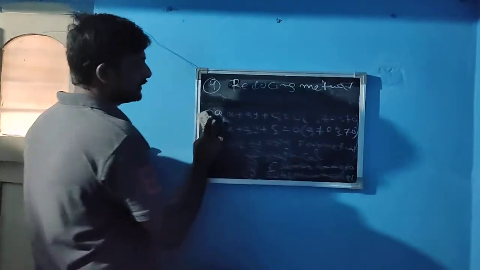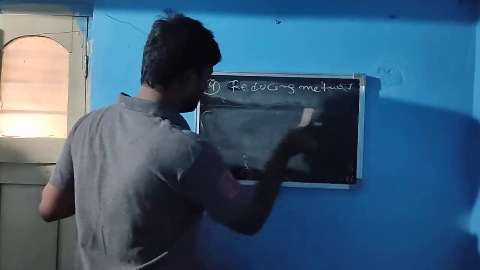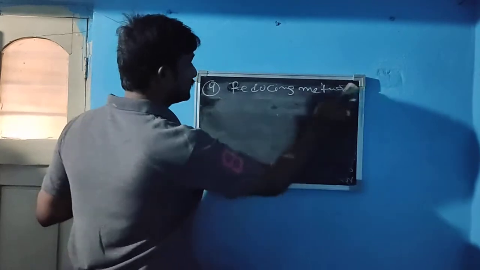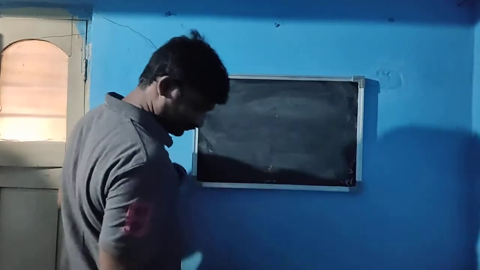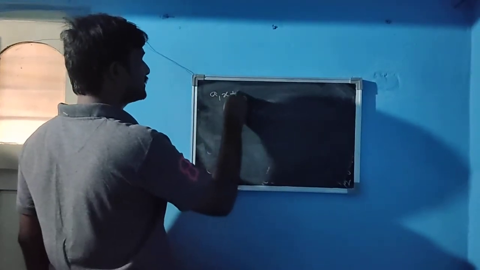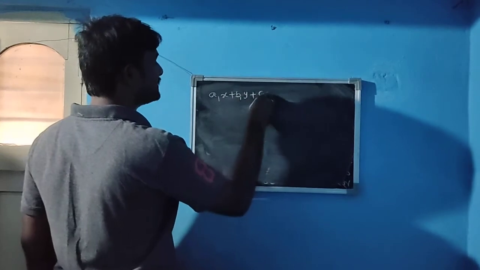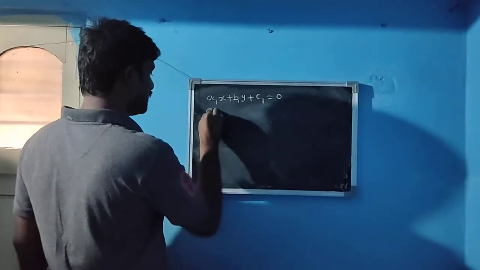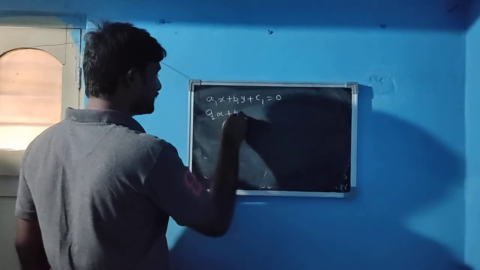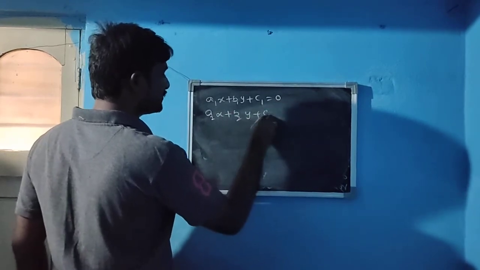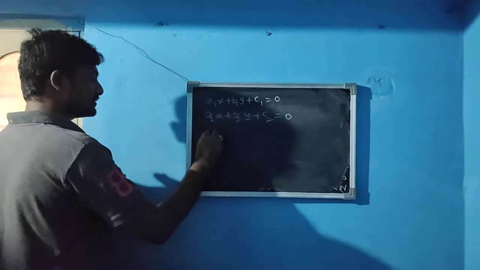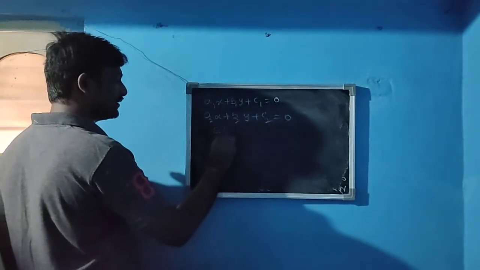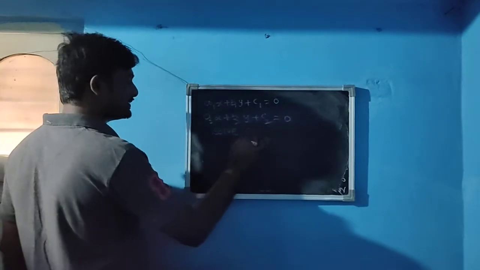So next, a1x plus b1y plus c1 is equal to 0, a2x plus b2y plus c2 is equal to 0. First of all, solve the equations.